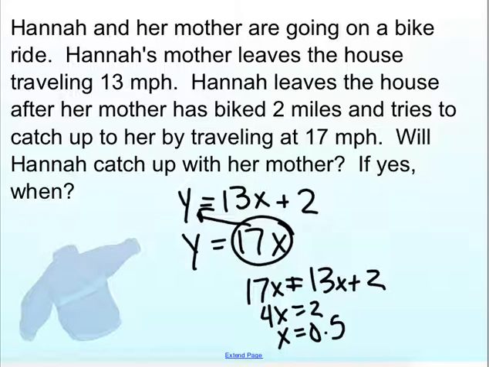After that half an hour, they will both be at, let's see, if I plug it into the second equation, 0.5 times 17 will give us 8.5. Okay, so after half an hour, they will both be at 8.5 miles.